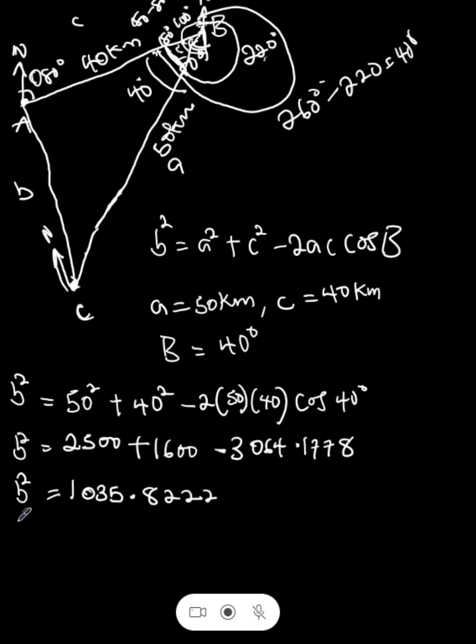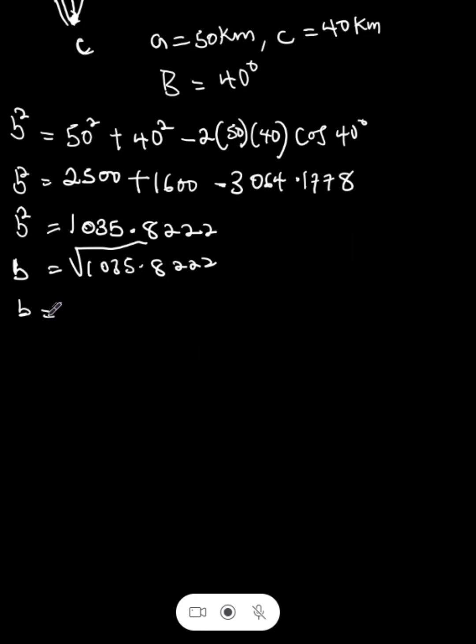So we take the square root of both sides to get B. B equals the square root of 1035.8222. So B equals 32.18419, right? Let's stop here.